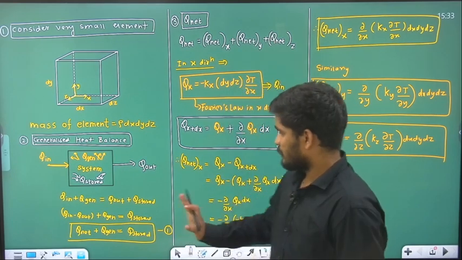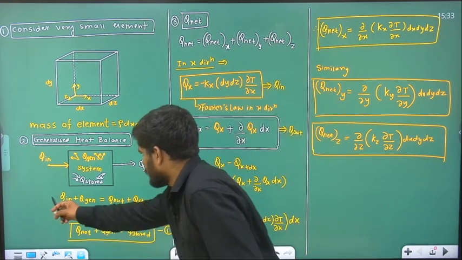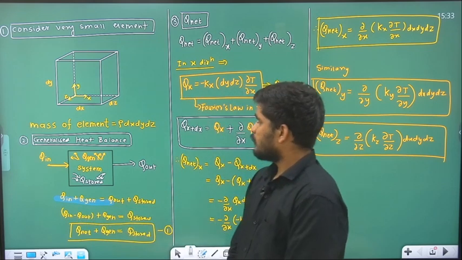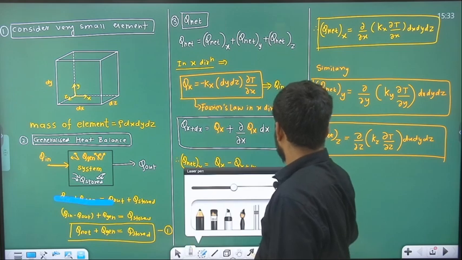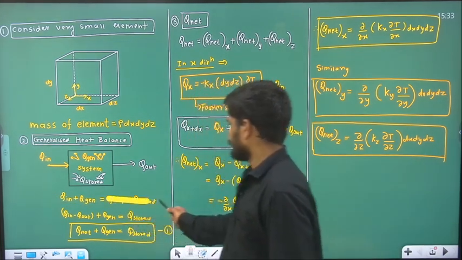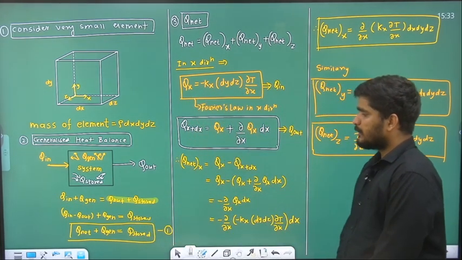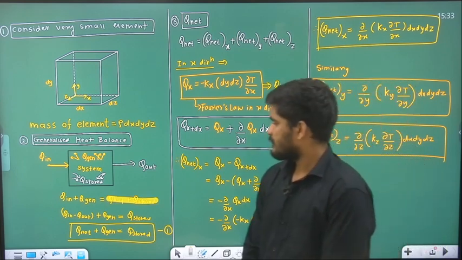Okay, so heat input plus heat generation must be equal to heat out plus heat stored.